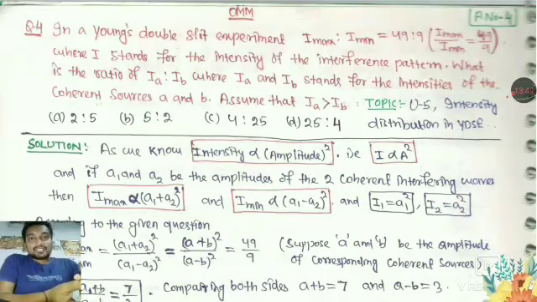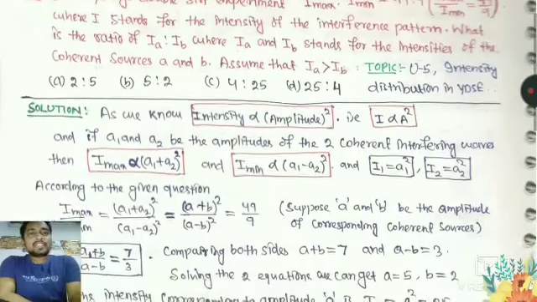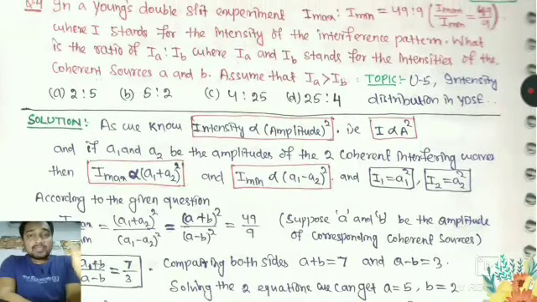Most interesting: Young's double slit experiment and intensity distribution in Young's double slit experiment. We know that intensity is directly proportional to amplitude square. So maximum intensity will be given only when the two amplitudes are added up, and minimum intensity only when they are subtracted.